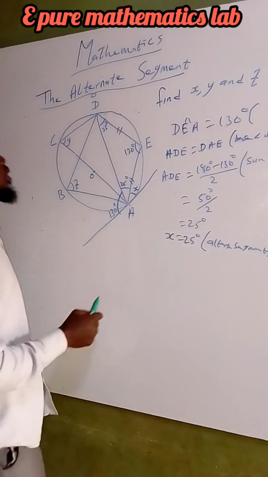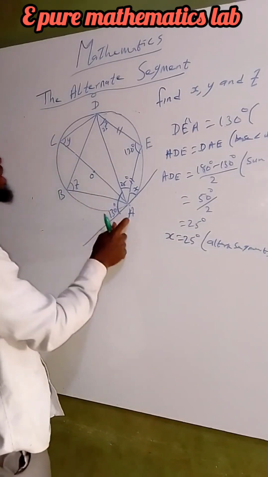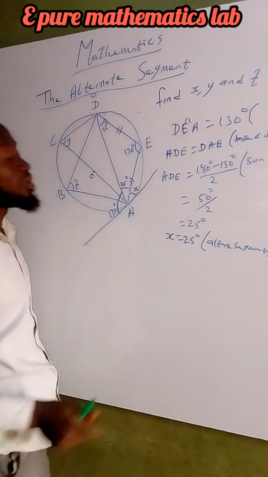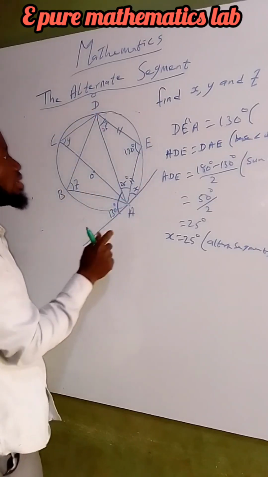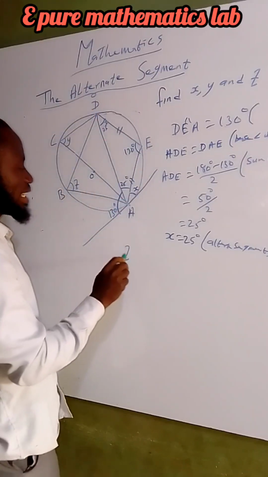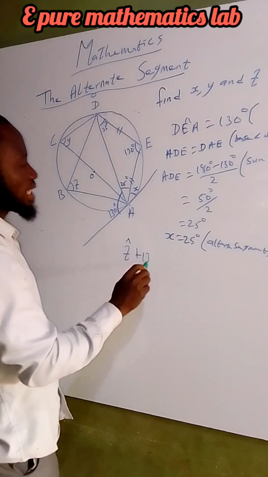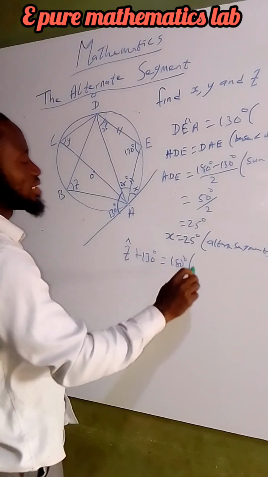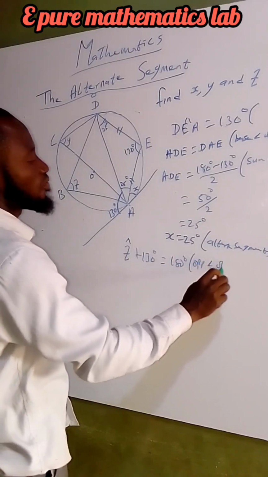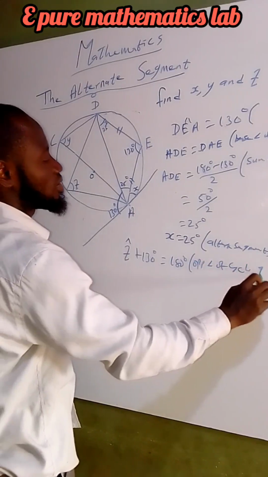What of y? I can see the cyclic quadrilateral ACDE, or ABDE. I've explained the meaning of a cyclic quadrilateral before. So z plus 130 degrees is equal to 180 degrees. Reason: opposite angles of a cyclic quadrilateral.